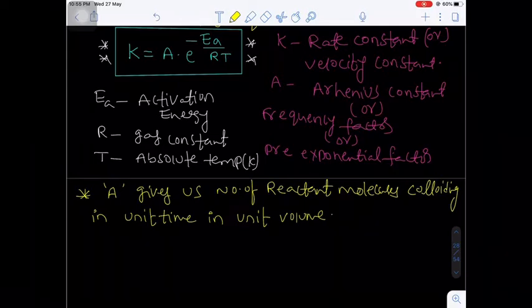This is also known as the collision frequency. This is also known as what? Collision frequency. Okay.